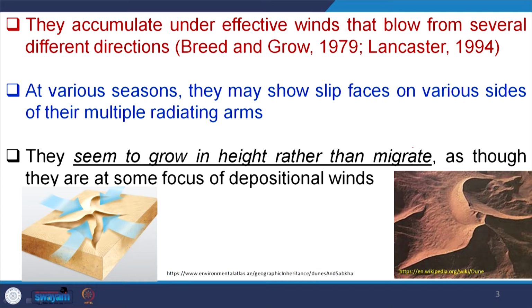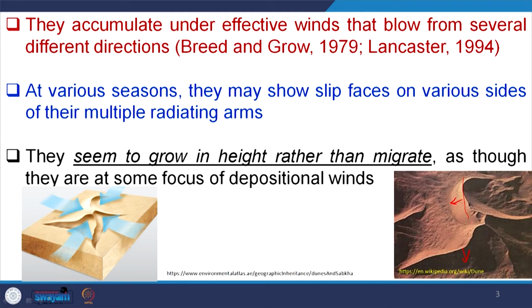Suppose this is a star dune and this is an arm, and in this particular case suppose this is the slip face. Similarly, suppose this is the slip face, but that does not mean the slip face will be the same for the whole year. In different seasons the wind direction changes, that is why the slip face changes its direction.